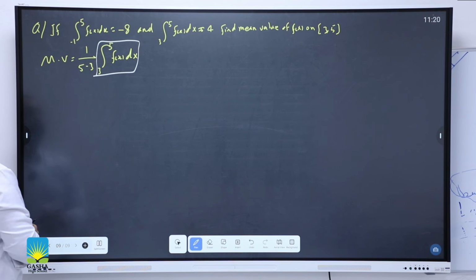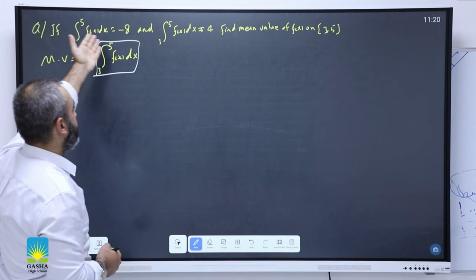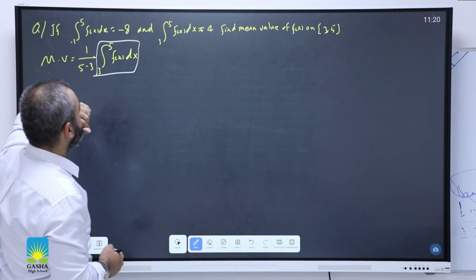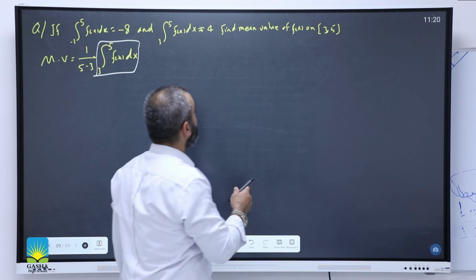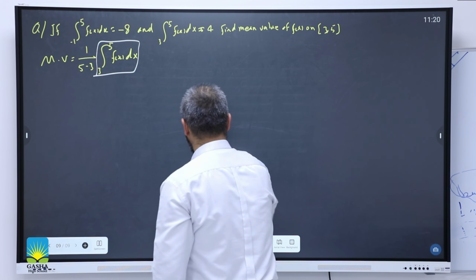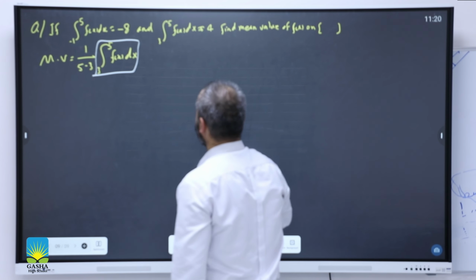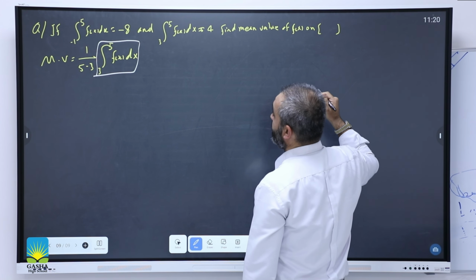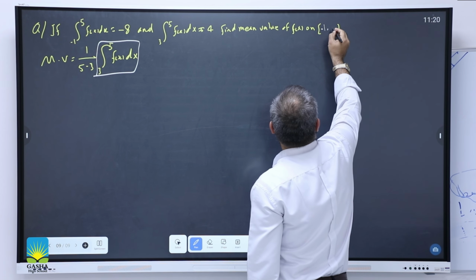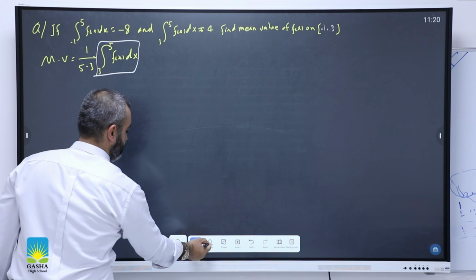So how to find 3 to 5? We have not the interval, we have -1 to 3 here.